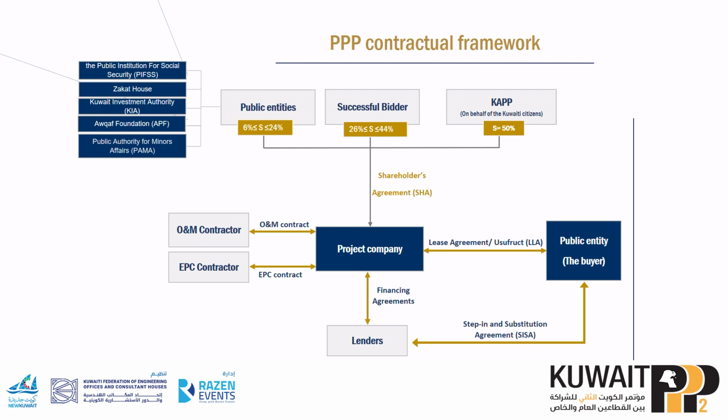The public entity can have no less than 6% and no more than 24% of the shares, and the winning bidder can have no less than 26% and no more than 44% of the shares.